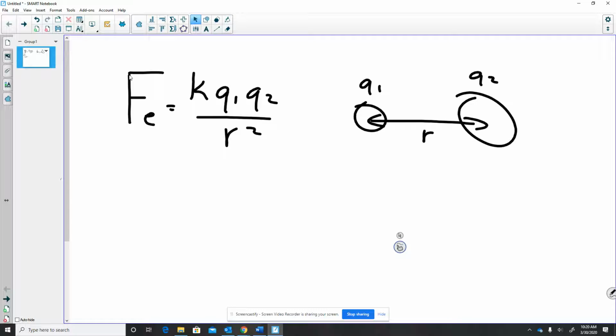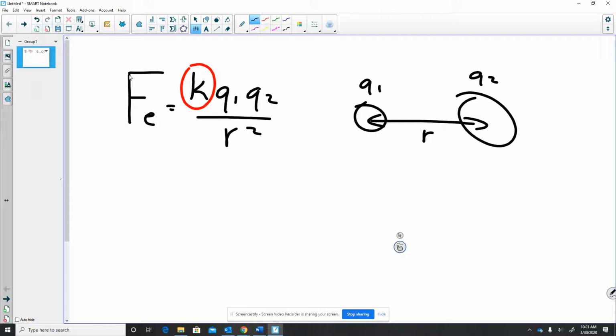The other thing you notice in this equation is the electrostatic constant, k. This value is 8.99 times 10 to the 9, which is significantly larger than its counterpart in the gravitational force formula. So this obviously helps to calculate the electrostatic force along with the relationship of the charge product and the distance squared between them.